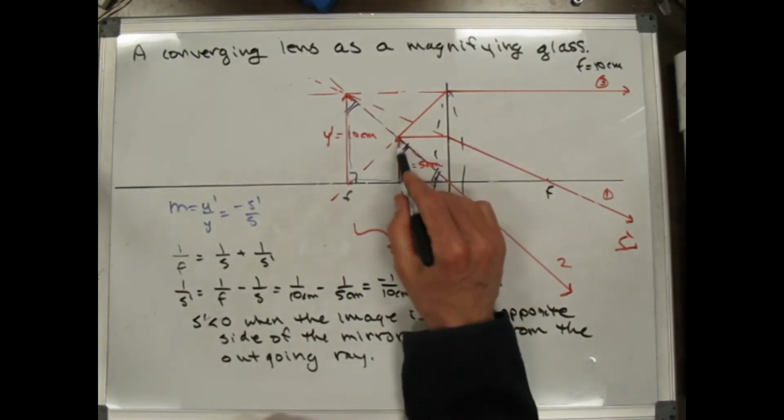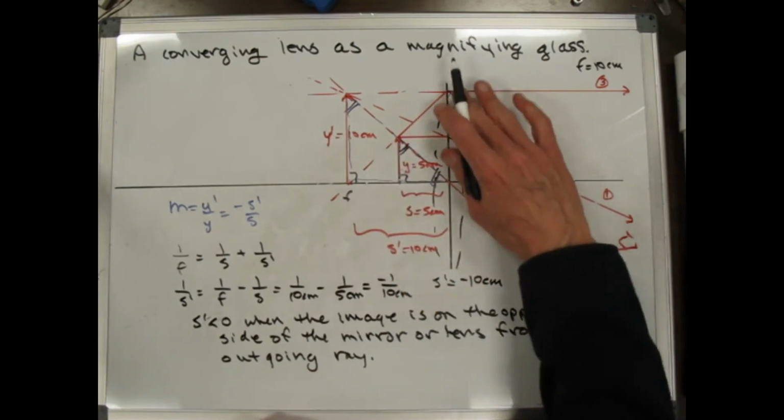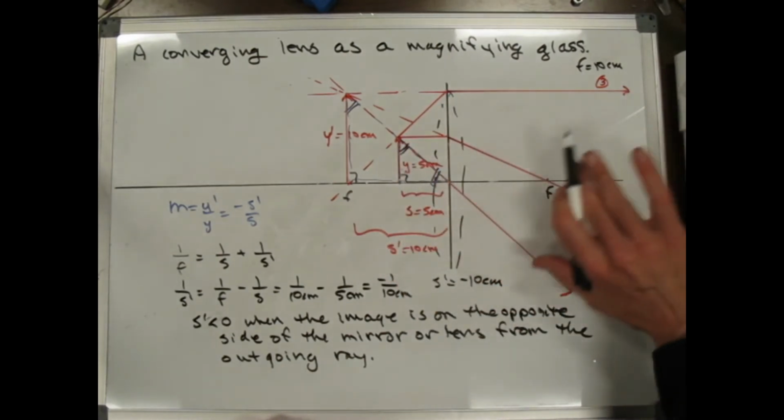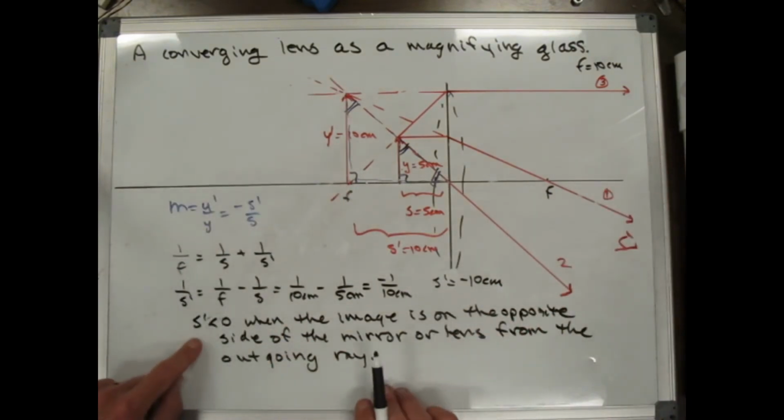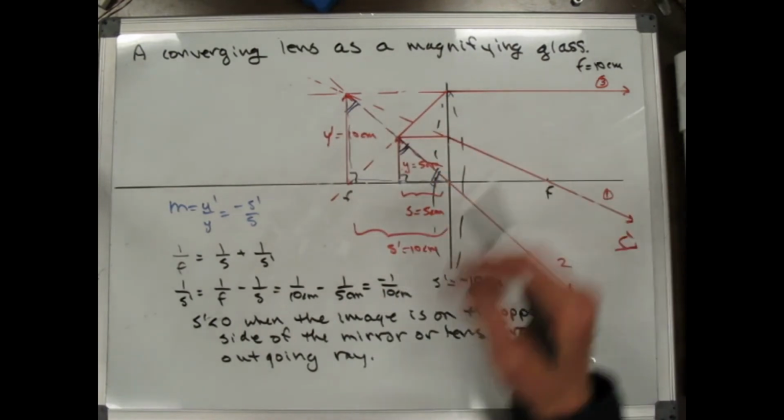Clearly, when the object is here, the outgoing rays, as they go through the glass, are on this side, right? But the image is on this side. And so we call the image distance negative when the image is on the other side from the outgoing rays.